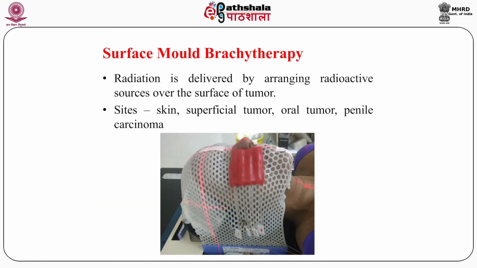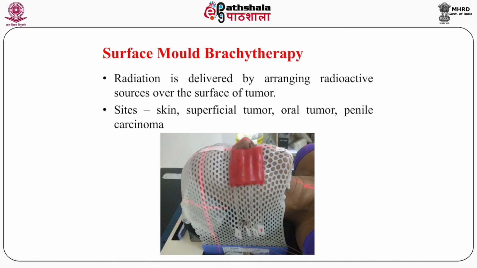Now, another type of brachytherapy is surface mold brachytherapy, where the tumor is either on the skin surface, just below the skin surface, or at a little depth, like superficial skin tumors, oral tumors, etc. Radiation is delivered by arranging radioactive sources over the surface of the tumor.